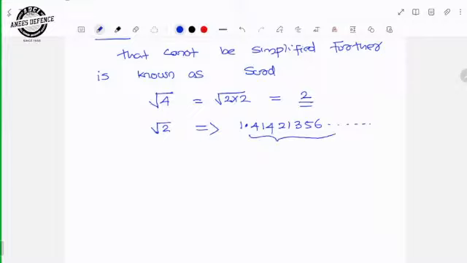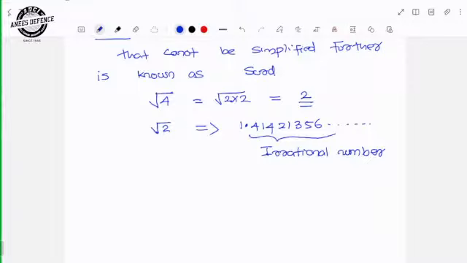So this belongs to an irrational number. We cannot predict the value before that. That is known as irrational number.